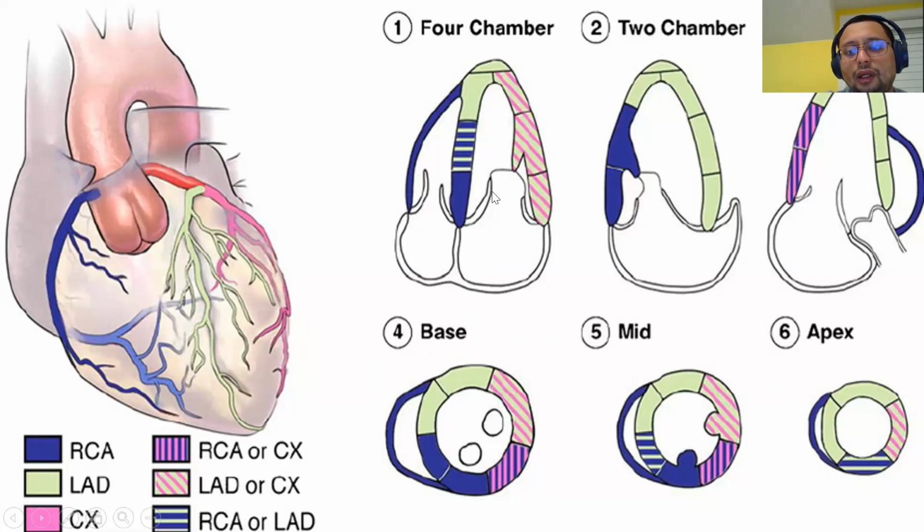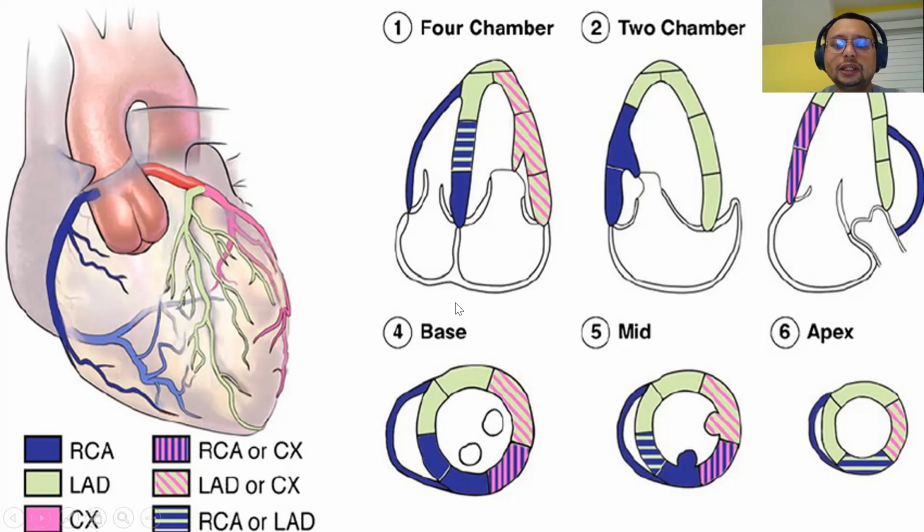Every wall is either base, mid, or apical. Whenever you see a right ventricle at the side like this, the wall opposite to that right ventricle is the septal wall. The same goes here. This is the right ventricle, so this wall is a septal wall, this is a septal wall, and this is a septal wall. So those are the two tips. The rest you have to remember and put into memory.